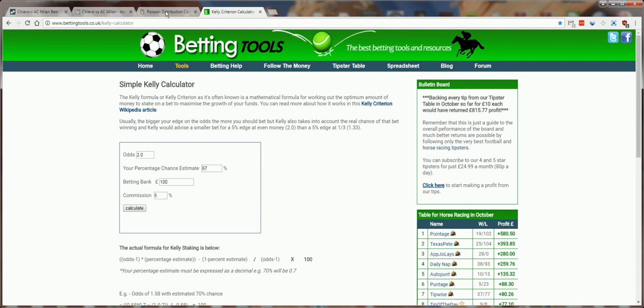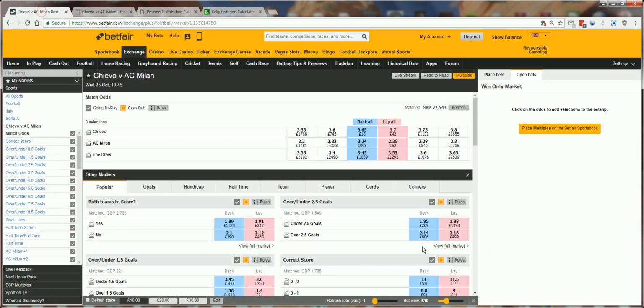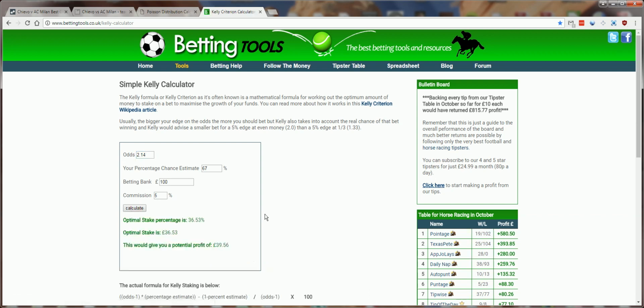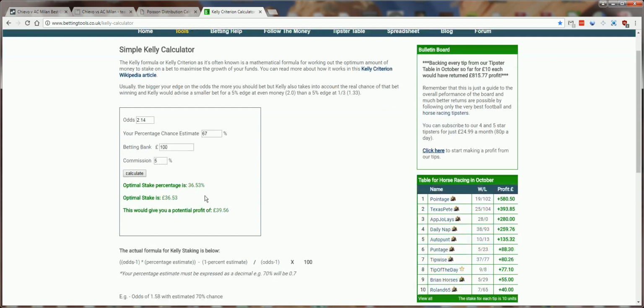And now we're going to look at the odds, and the odds were 2.14. So I'm going to put in 2.14 here and calculate. I've got my 5% commission in it, and it's telling me that I've got a 36% value on this bet. My optimal stake, if I had a betting bank of £100, would be £36.53.